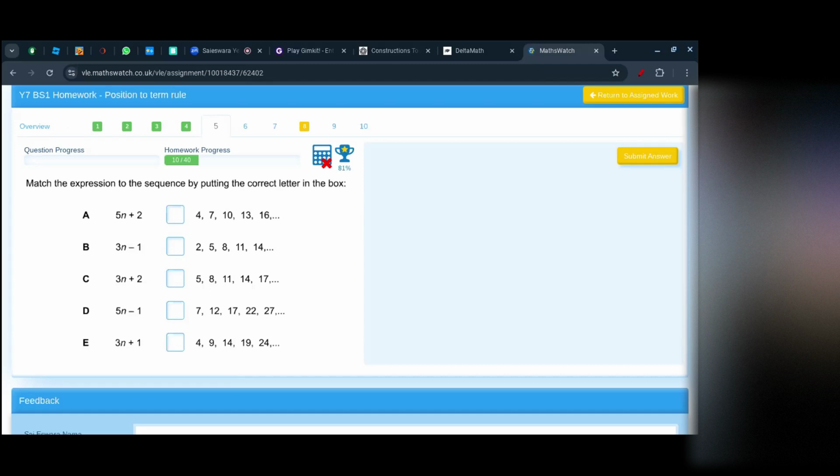If we put in n, first term, what will be? 1. We are putting n equal to 1 in 5n plus 2. What is 5n plus 2 equal to? 7. So first term is 7, right? Yes. So which of the 6 sequences has 7 as the first term?